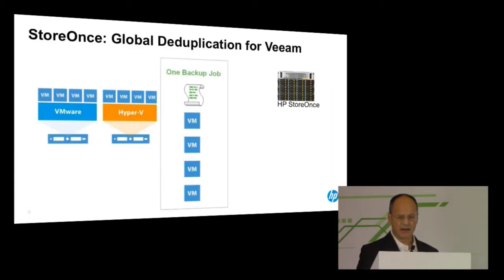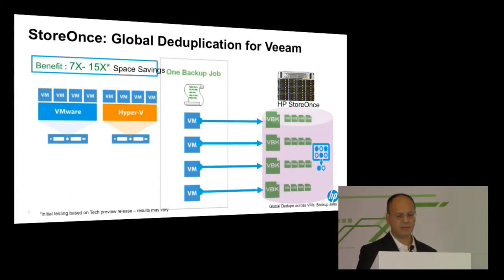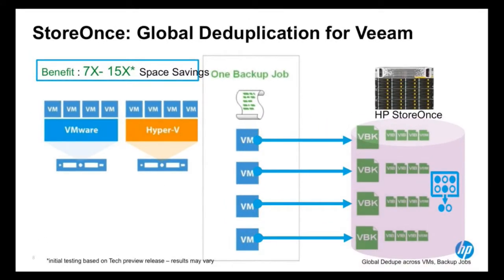StoreOnce is also providing great deduplication for Veeam in a different way. Usually, Veeam does the deduplication on the single file, but with StoreOnce it is possible to write multiple VM jobs, VM chains, and also multiple backup repositories, directing them to the same StoreOnce Catalyst store.